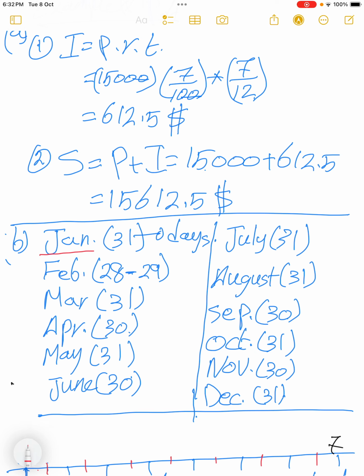Notice January 31 days. February maybe 28, maybe 29. This is leap, this is exact year. March 31, April 30, May 31, June 30, July 31, August 31, September 30, October 31, November 30, December 31.